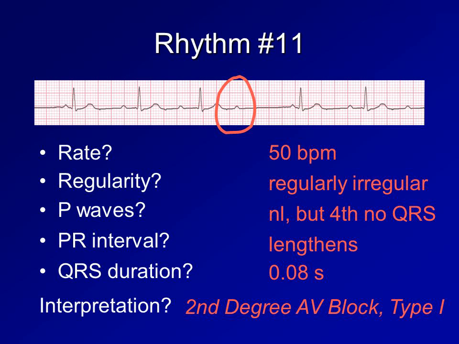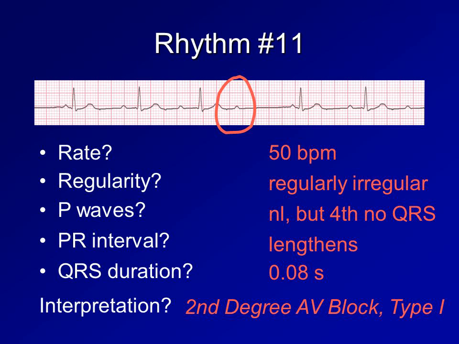Rhythm number 11: rate 50 bpm, regularity regularly irregular, P waves normal but the fourth has no QRS, PR interval lengthens, QRS duration 0.08 s.